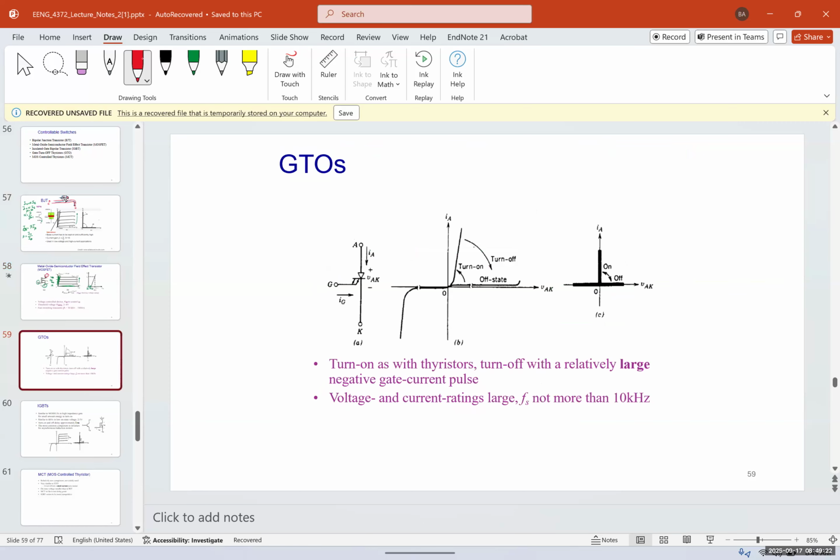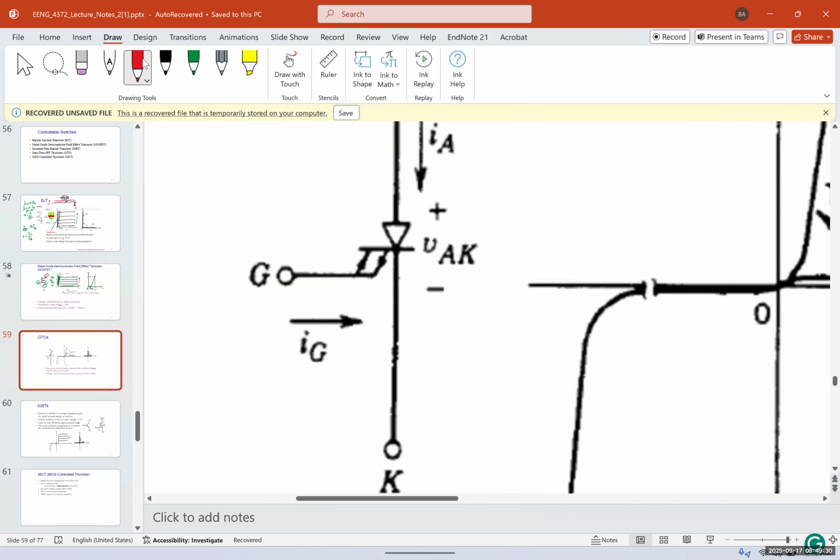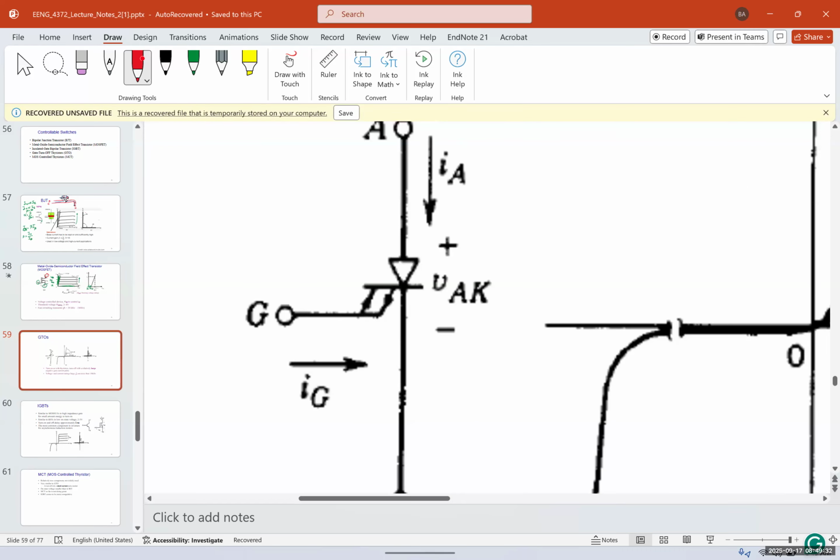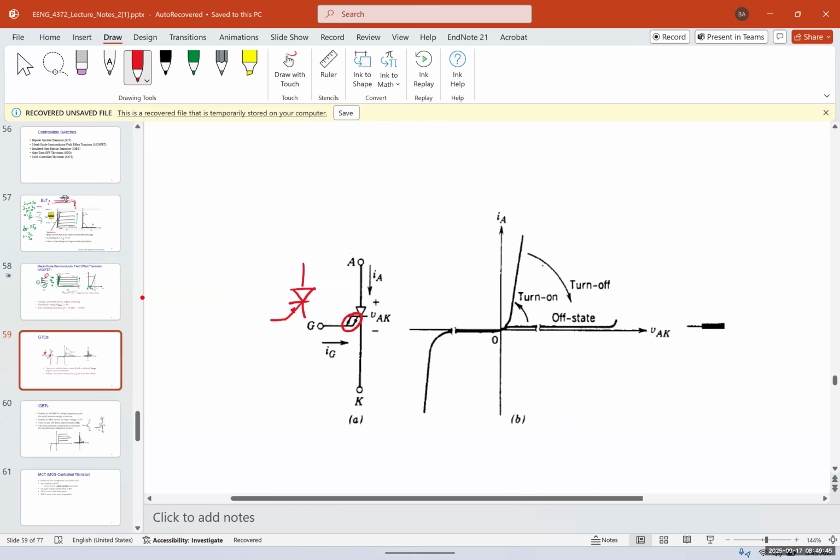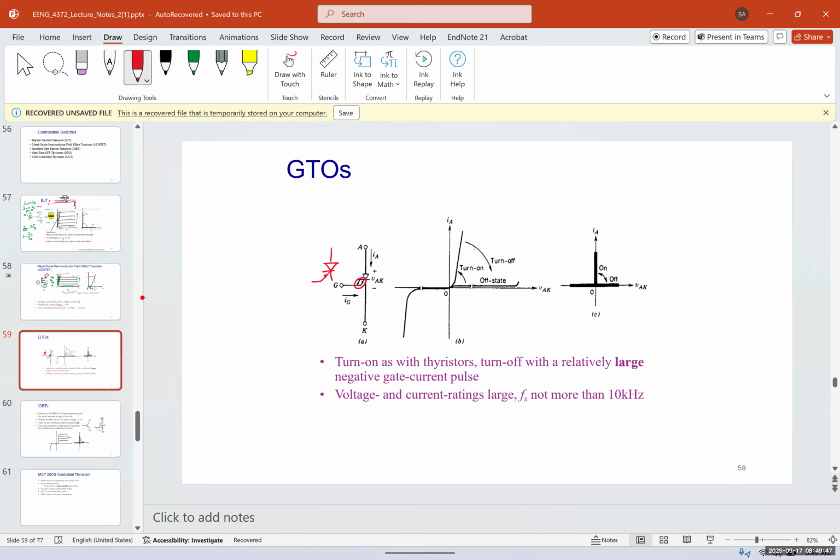Then we have the GTOs, which is similar to a thyristor. The only difference is now we can control when it would also turn off. So do you remember for a thyristor, we had a one-way connection, which was like this. For a GTO, we have a two-way connection.